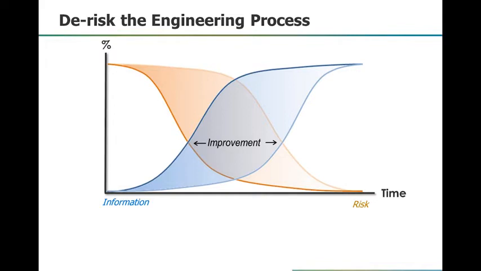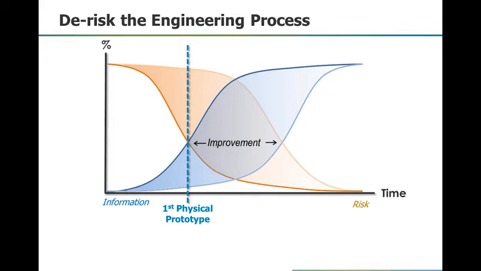By gaining knowledge early in the process, companies can begin to lower the associated risk sooner. So this is where upfront CFD work can add significant value to the process. Normally we might have a first physical prototype once we get to a place where we're comfortable with the trade-off between risk and information.